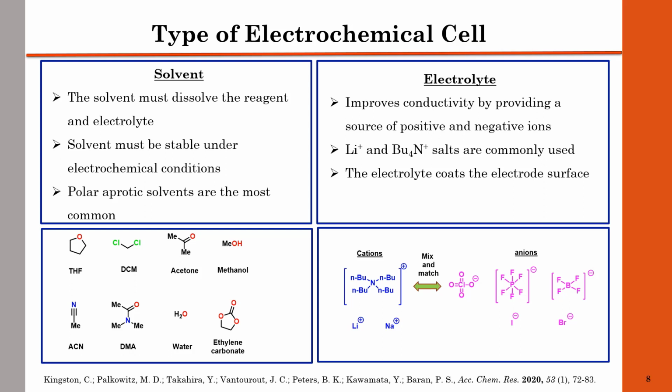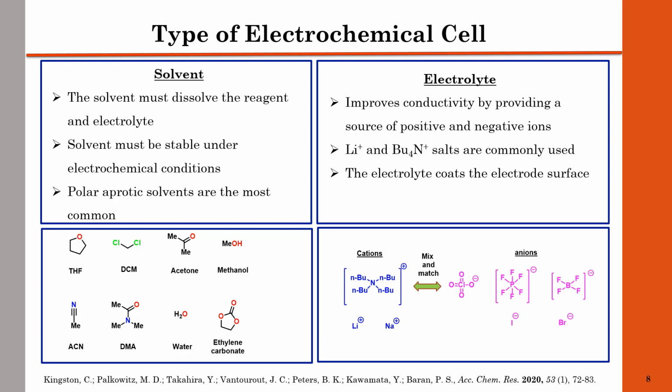Here it is the same, so we have to increase the conductivity of our solution. For that purpose, we have to dissolve the reactant, catalyst, and also the electrolyte using a good solvent. We can use polar aprotic solvents such as THF, DCM, acetone, DMA, acetonitrile. Those kinds of solvents we can use for these electrochemical cells.